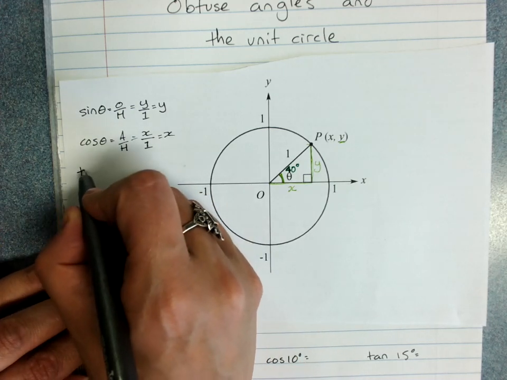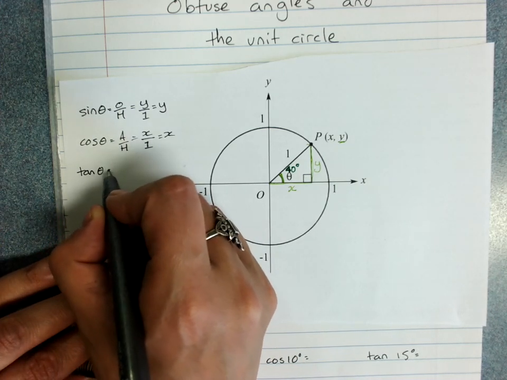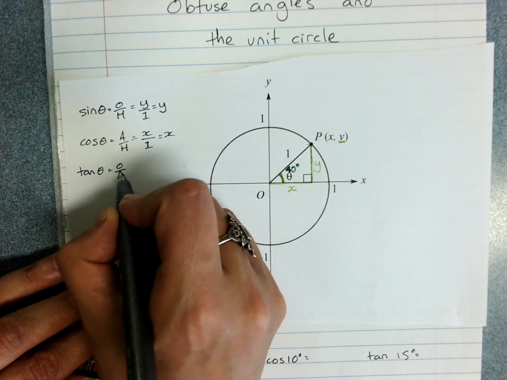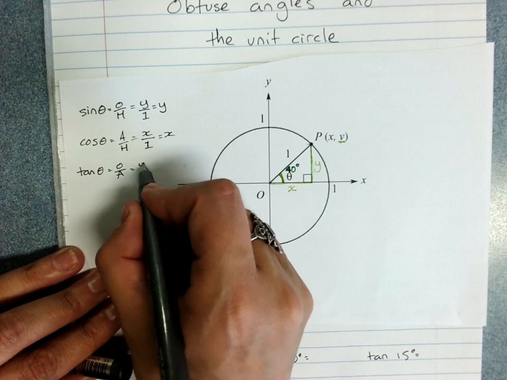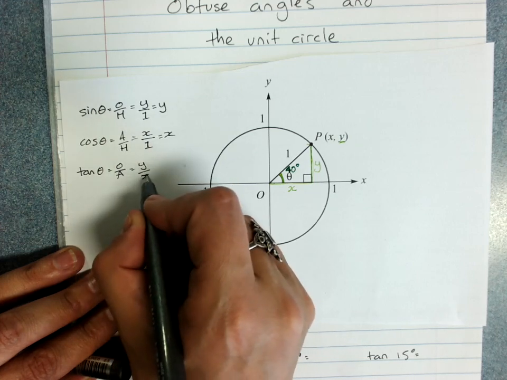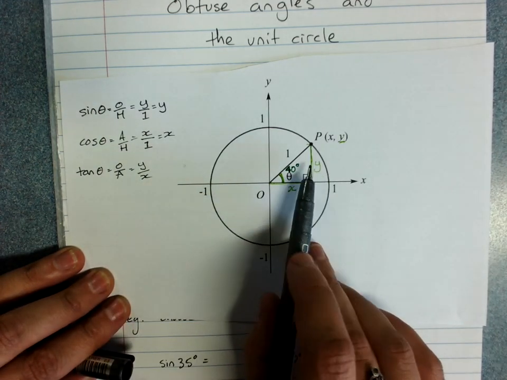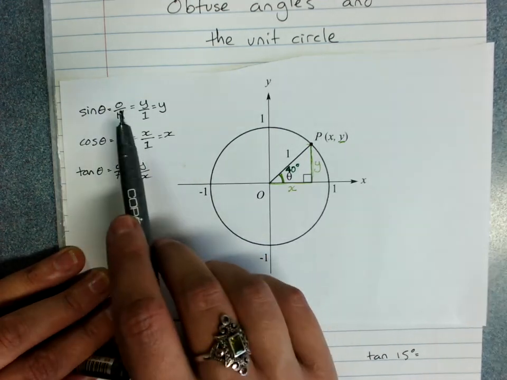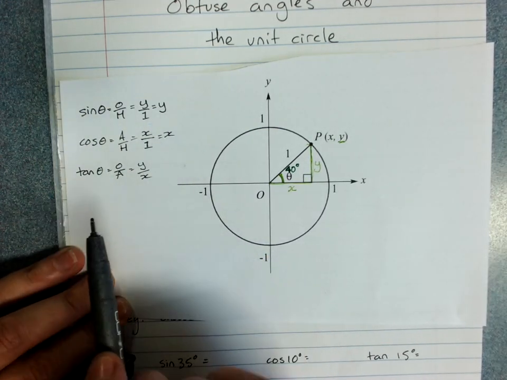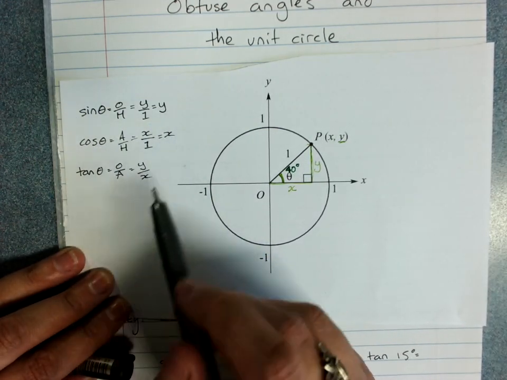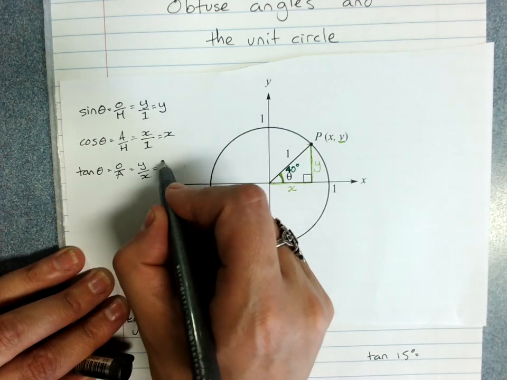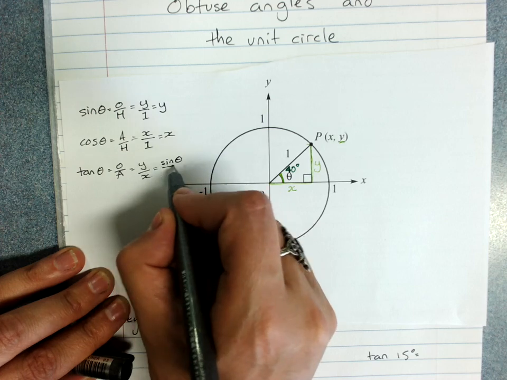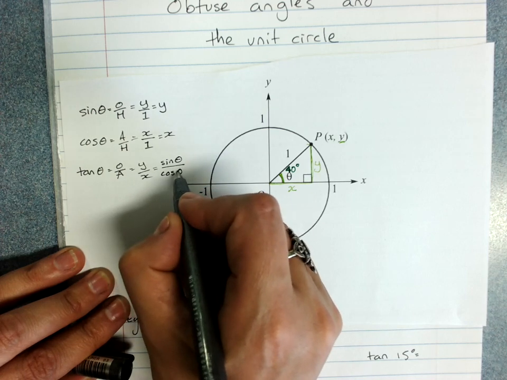And tan of the angle is opposite over adjacent. Our opposite is y, our adjacent is x. But we know, because we just worked it out, that y is sine theta and x is cos theta. So that gives us the rule that tan theta equals sine theta over cos theta.